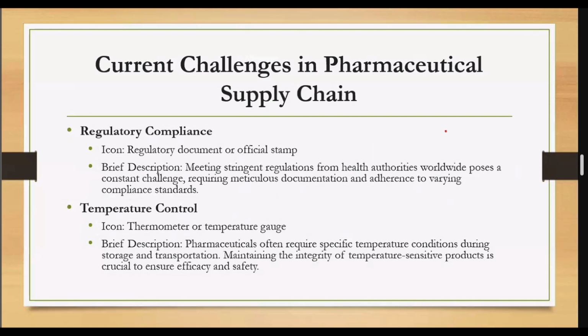Now, the challenges. I already told you about regulatory compliance and meeting the stringent regulations from health authorities, of course the FDA and the Indian regulatory authorities. Then temperature control is also one important aspect.